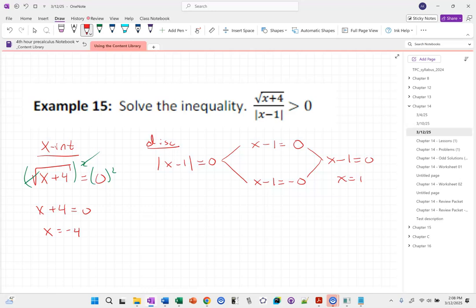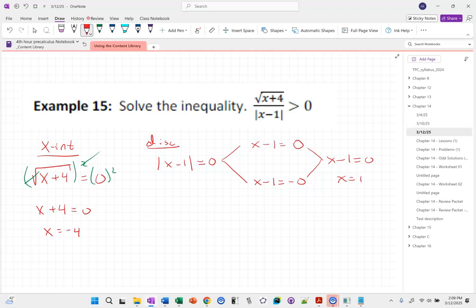Everybody okay there? But there's one other thing that can cause a discontinuity here. The square root, right? Can I square root every number? No. What numbers can't I square root? Negatives. You can take the square root of 13, it's just a decimal, right?